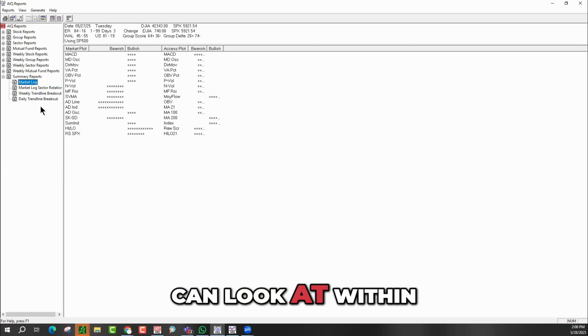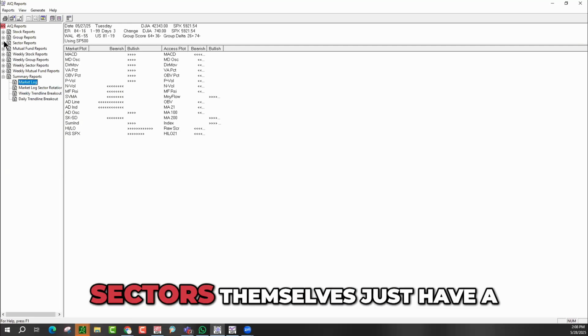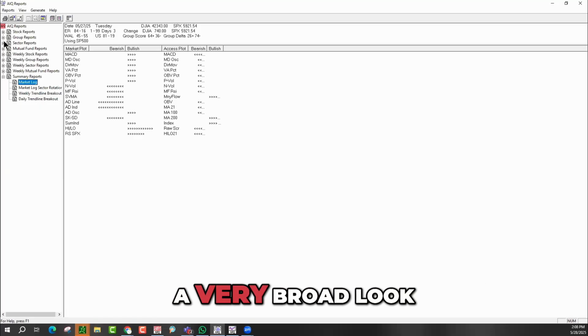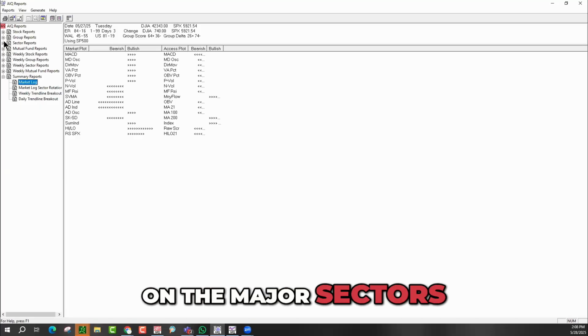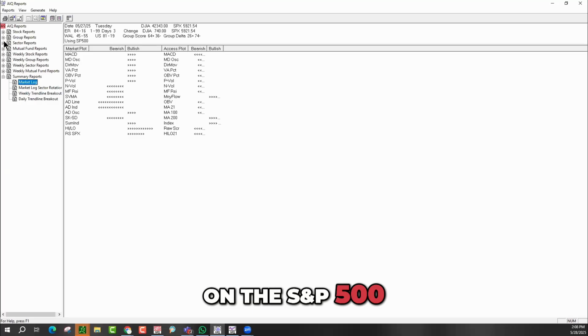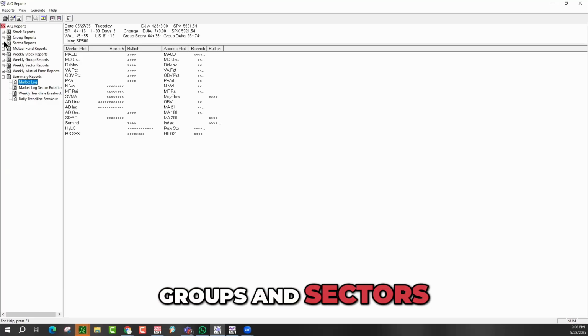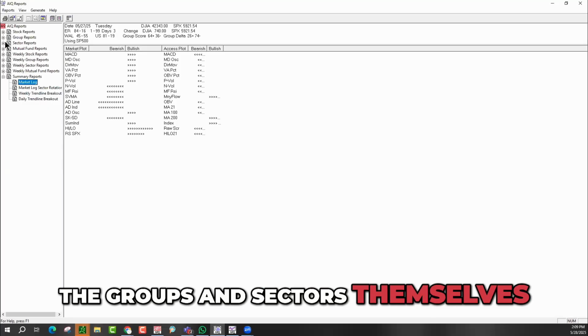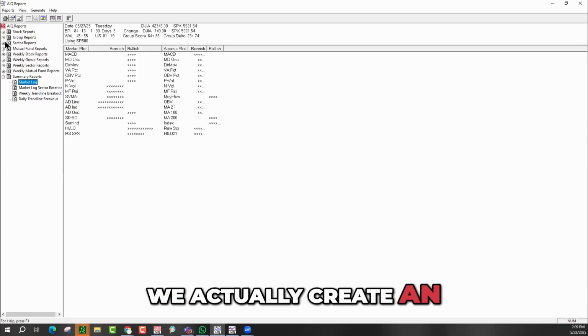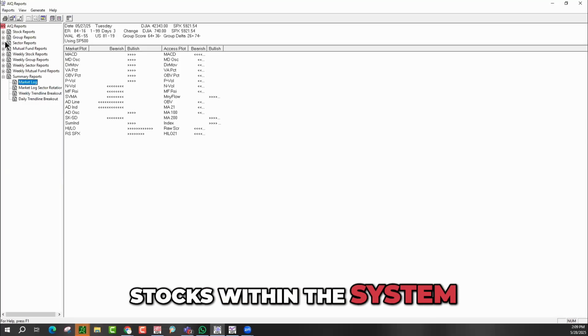The next area I can look at within our reporting area here, I can go straight to sectors. Sectors themselves just have a very broad look at the major sectors on the S&P 500. By the way, this is all generated on the S&P 500 groups and sectors. For the groups and sectors themselves, we actually create an index out of the stocks within the system.